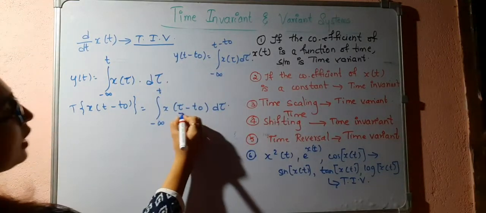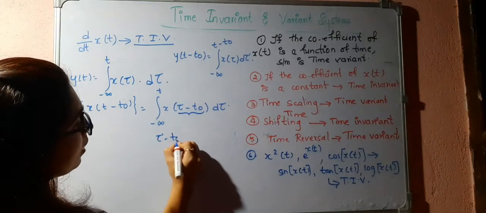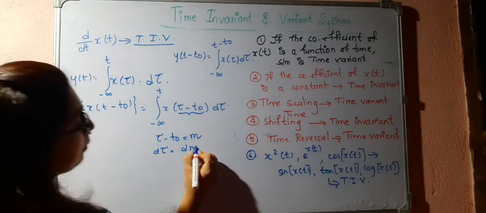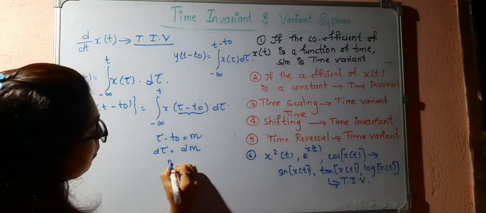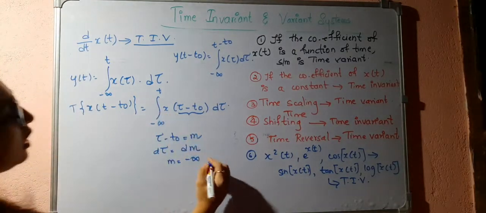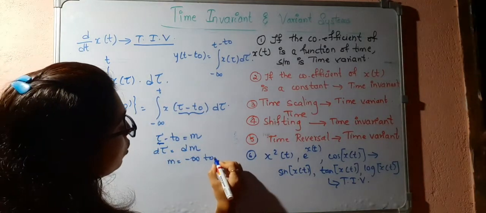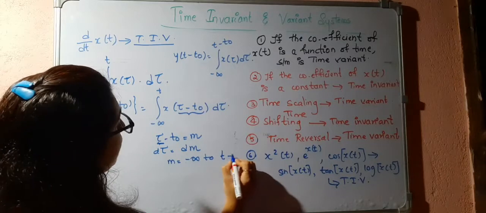So in this case, what I will do, I will substitute tau minus t naught is equal to m. So d tau will be equal to dm. So if I substitute here, m goes from minus infinity to t minus t naught.